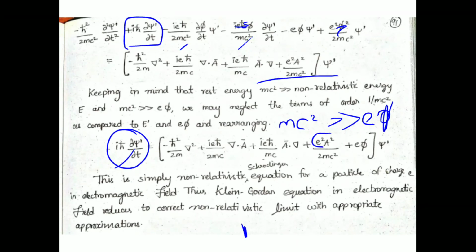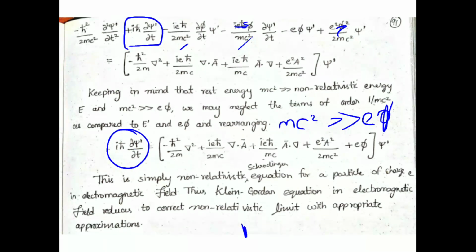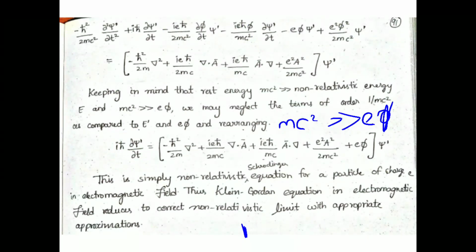Here we are not having e phi, so this term has remained. E phi by mc square ratio terms have to be eliminated, and energy terms have to be eliminated, that is psi, h nu terms. So after eliminating all those, this is the equation which would remain after neglecting all the terms. So this is simply the non-relativistic Schrodinger equation for a particle of charge in electromagnetic field.